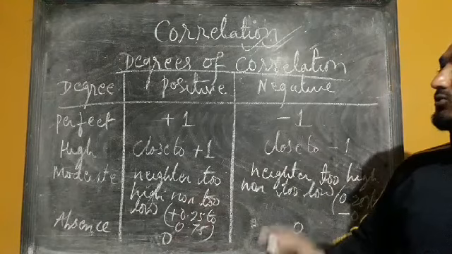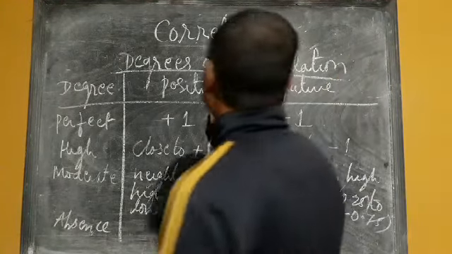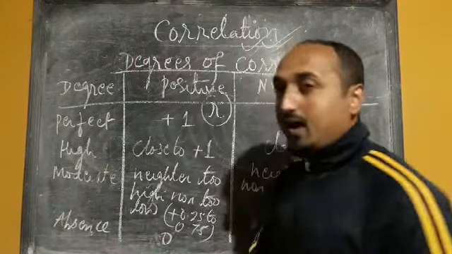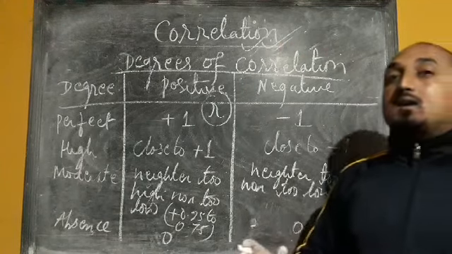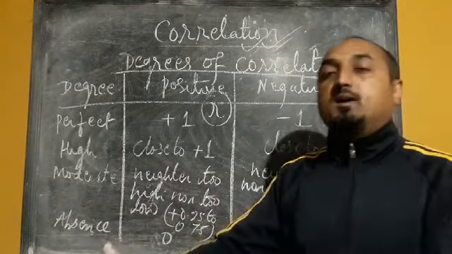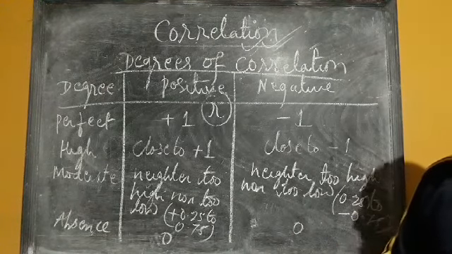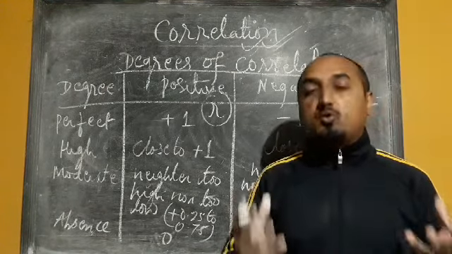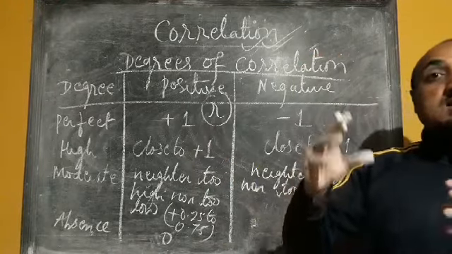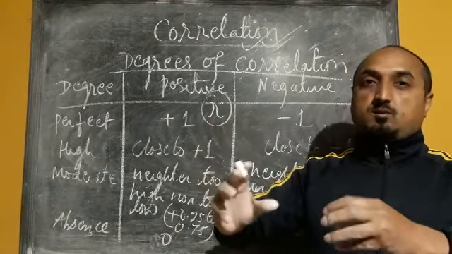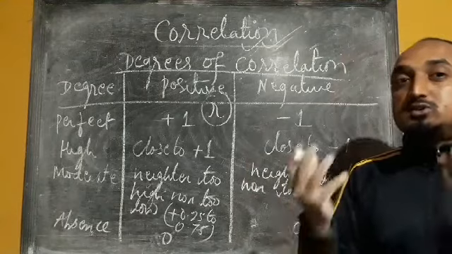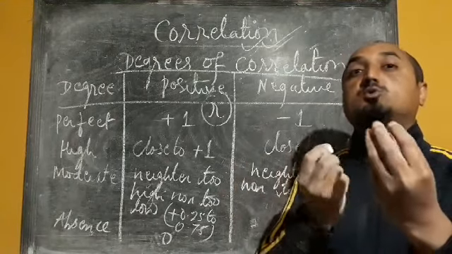This correlation coefficient is represented by R, and the value of R lies between -1 and +1. Now we will discuss the different degrees. Actually this correlation coefficient shows the degree of closeness between the two variables, how close they are to each other.